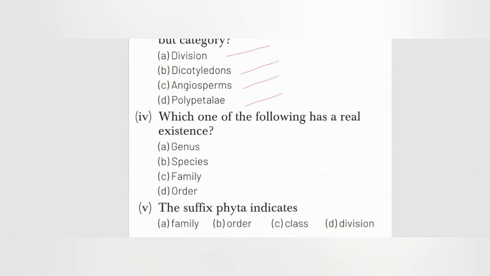Options are A, family, B, order, C, class, and D, division. So the answer is D, that is the division. Division is a category including closely related classes, and the name of the division ends with phyta. Let's take an example like Spermatophyta.